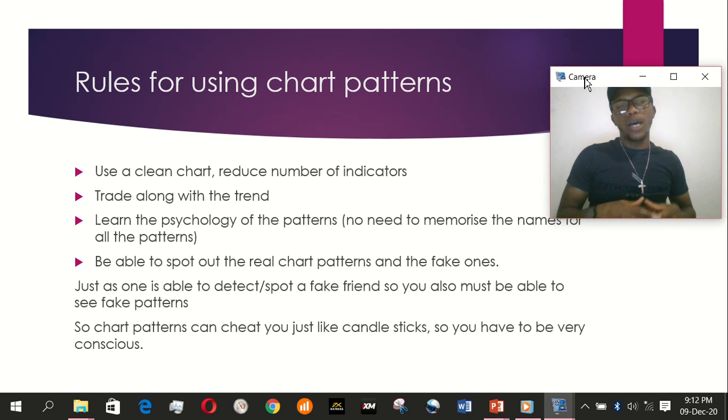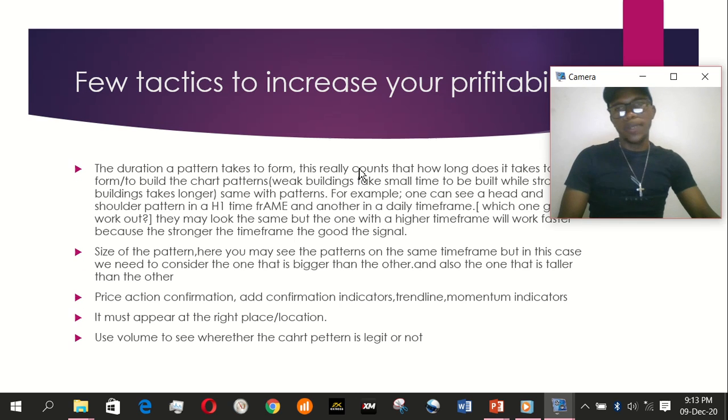So whenever you are analyzing the chart, there are instances whereby you will find that some of the patterns are not as good as you think they are. So chart patterns can cheat you just like candlesticks. So you have to be very, very conscious.